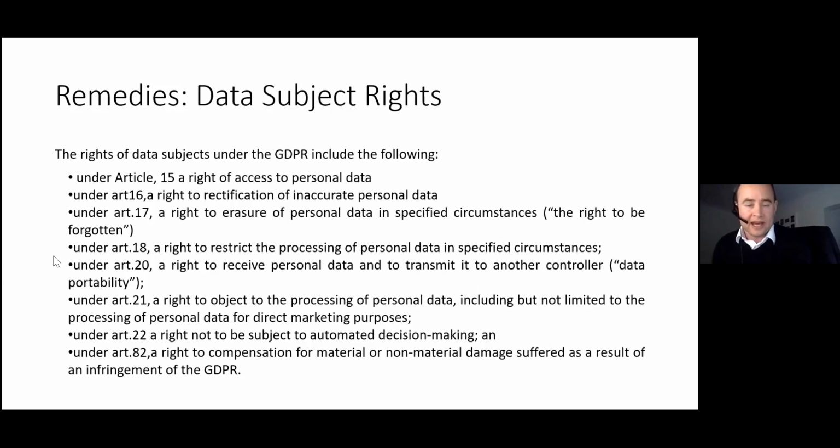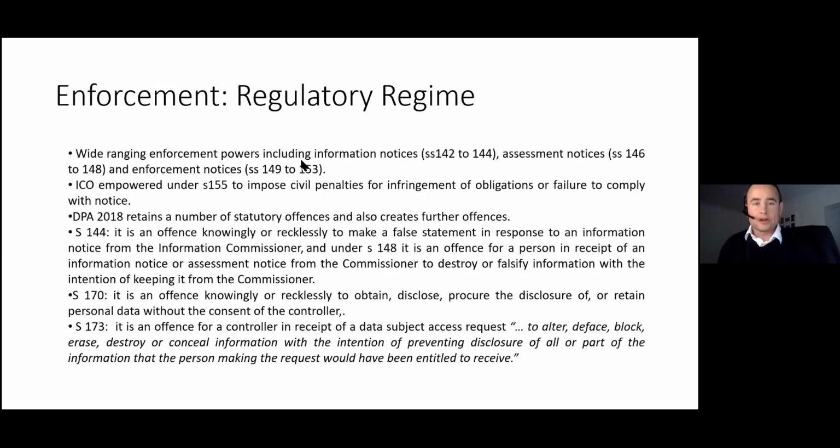But hold that thought. Because we are briefly going to look at enforcement and the regulatory regime, again, it's a lot of red letter law. You've already heard a lot about red letter law today. I'm conscious I don't want to overload everyone, but it's equivalent.